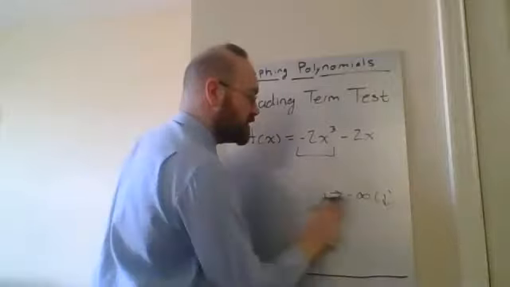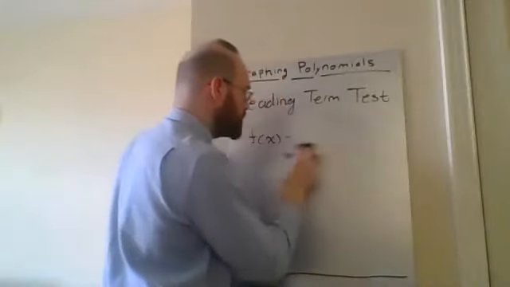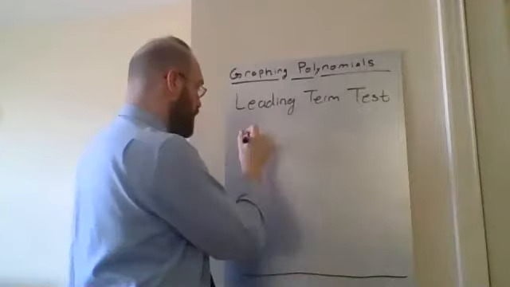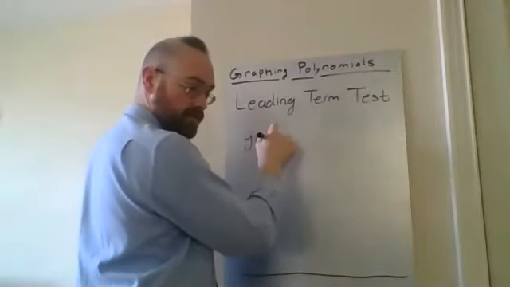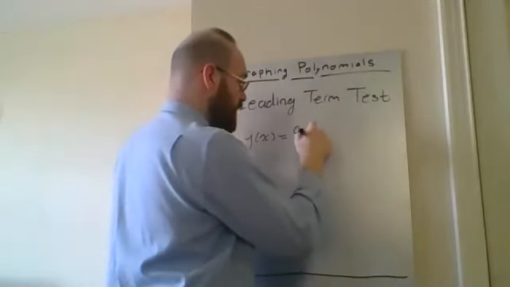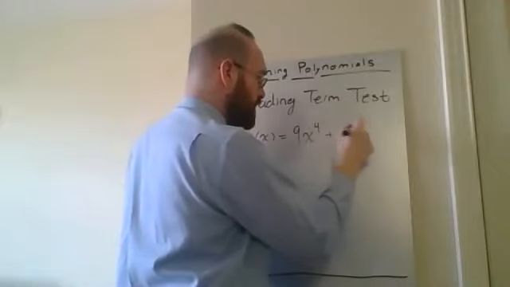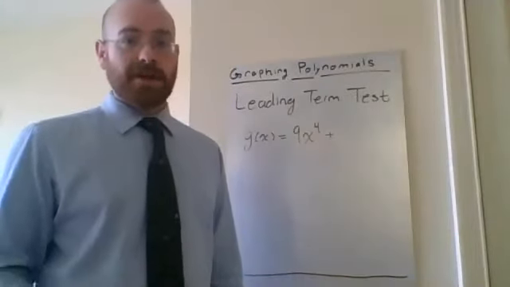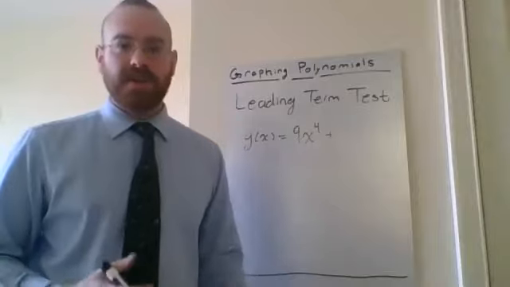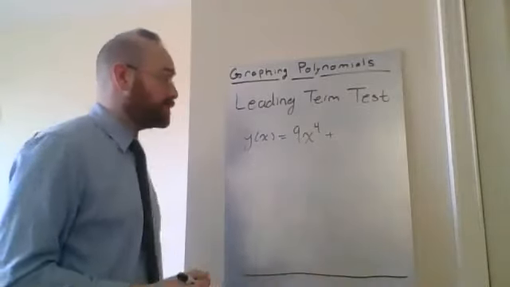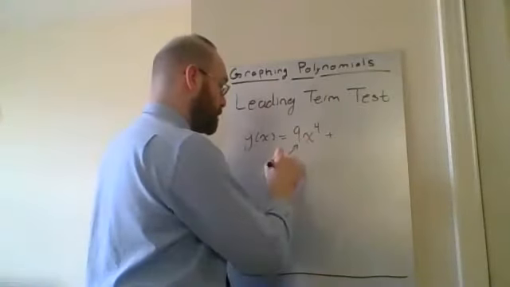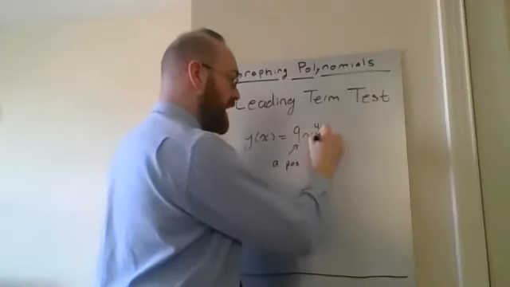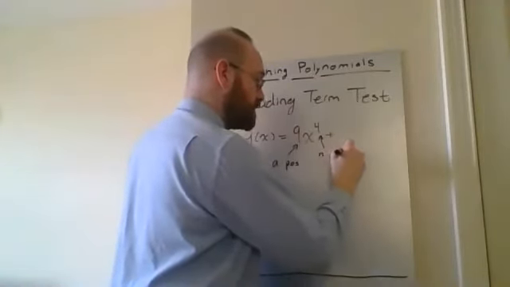Let's take care of another few, and we'll go especially quickly for these to keep the video time down. So g of x is 9x to the fourth. To save time, I'm just going to write the leading term. That's all we have to look for. Again, here's your opportunity to pause, kind of quiz yourself, and then hit play again to find out the answer. So A is positive, N is even.